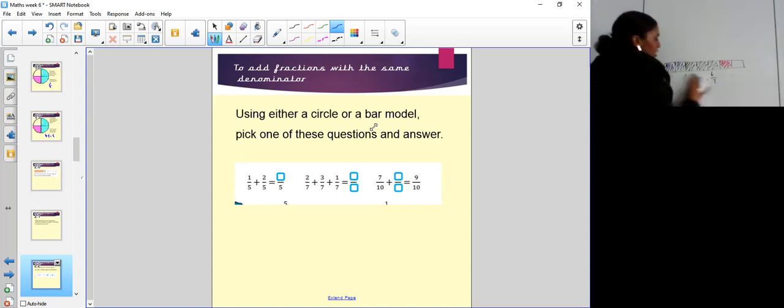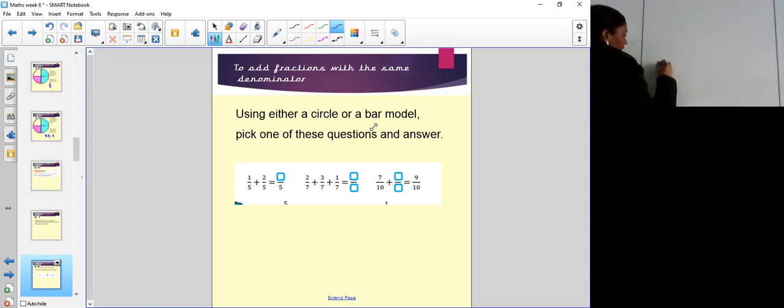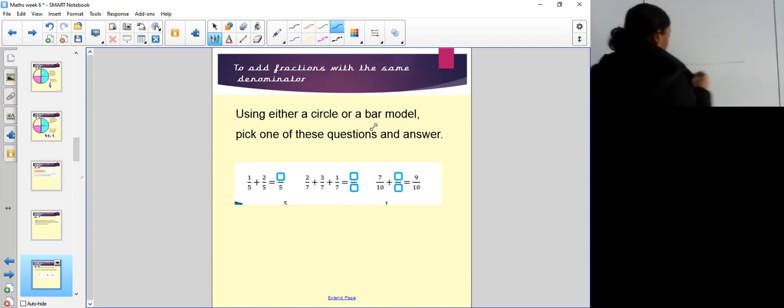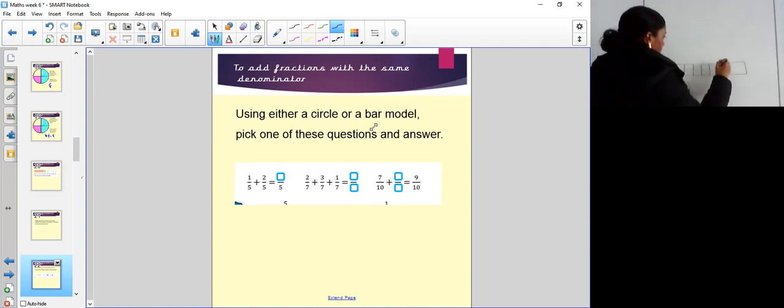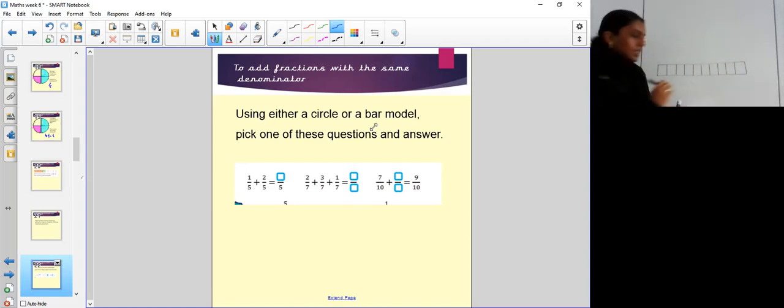Okay, let me try and do the last one. So how many squares will I need? Fantastic, if you said 10, I will need 10 squares. So let's draw a longer bar: 1, 2, 3, 4, 5, 6, 7, 8, 9, 10.